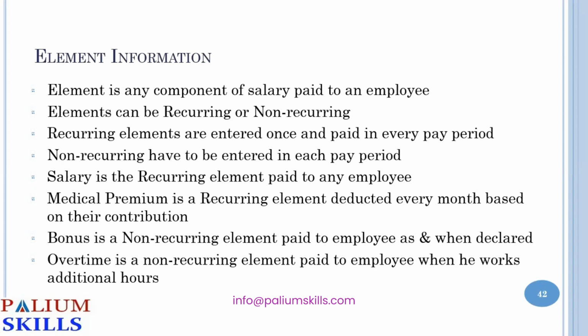What is a pay period? Pay period is the duration in which the salary is being processed. For example, it can be monthly, weekly, bi-weekly, semi-monthly, fortnightly, or in that fashion. Okay, that is the pay period.